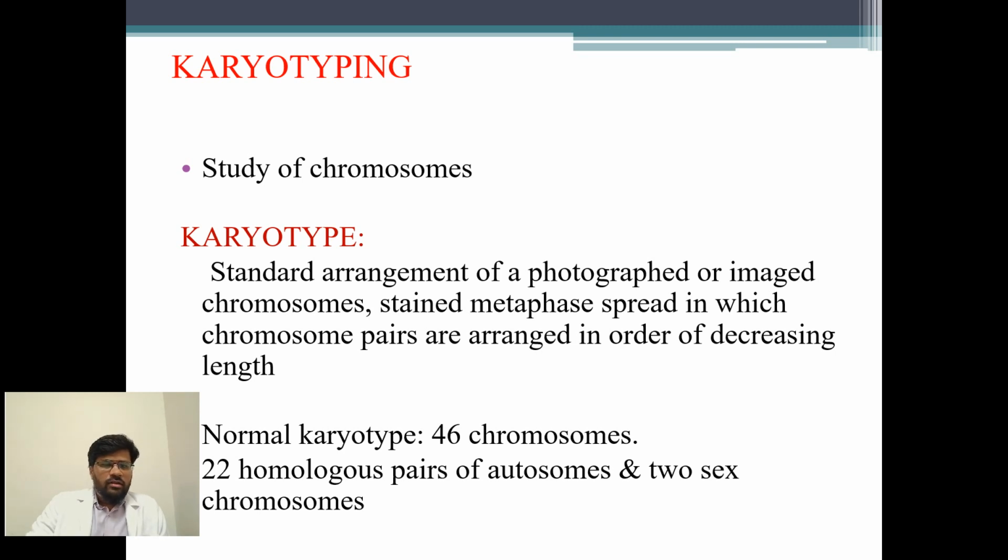A karyotype is like a photograph of chromosomes which are arranged based on their lengths. It is ideally done in the metaphase stage of cell division. Why? Because in metaphase the chromosomes are widely spread and clearly visible.